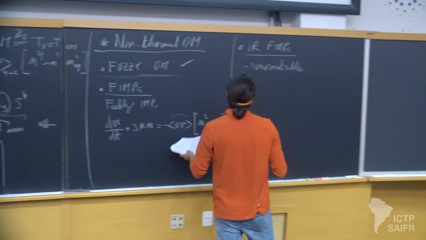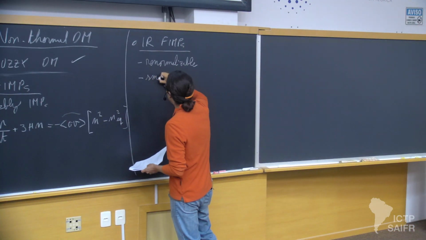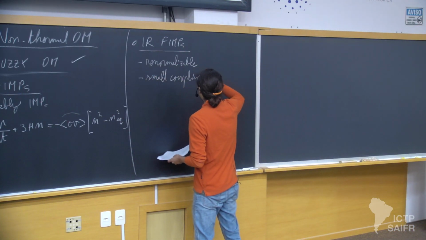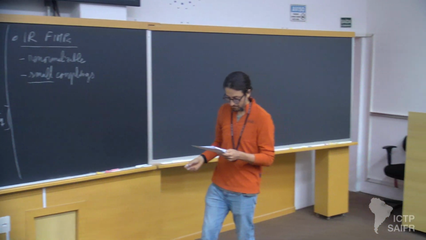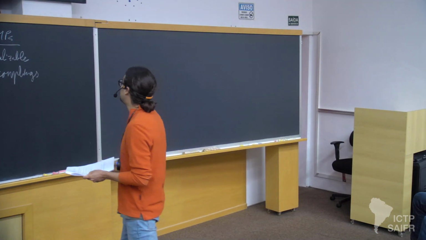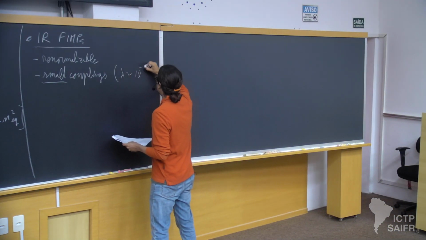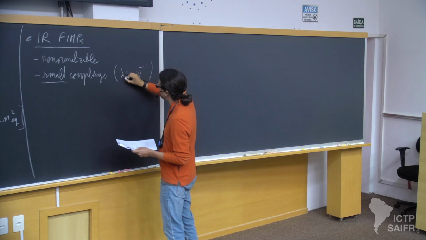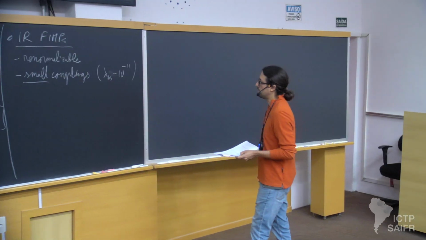We get small cross-section, small interaction rate if we take small couplings. So very easy. And we'll see small couplings typically means 10 to the minus 11 or something like this, for instance lambda HS in the case of the singlet scalar dark matter model.